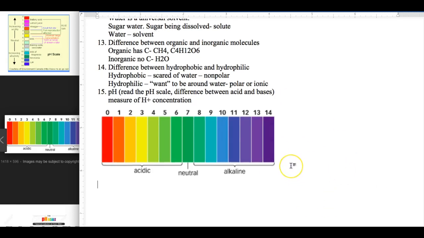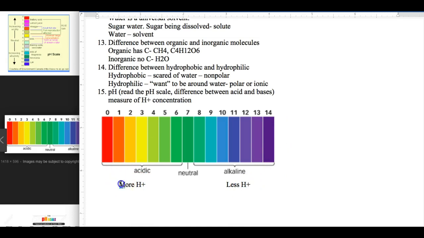However, how it works is kind of backwards. 0 to 7 actually have more hydrogen concentration, but over here you have less. The 0 end has the most hydrogen concentration, and the 14 has the least amount of hydrogen concentration.